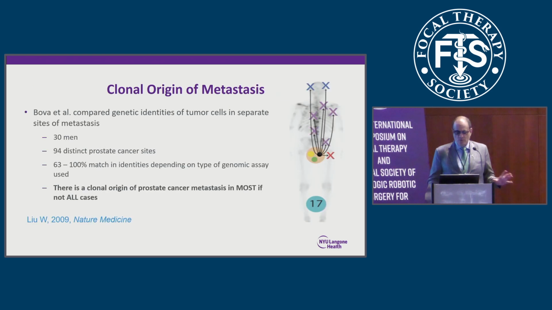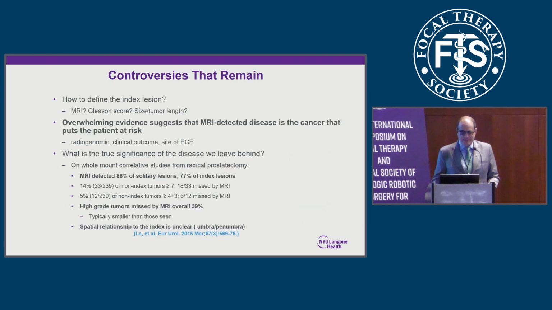I won't talk much about this, but for those of you who are new to the focal therapy field, the root of this idea comes from a paper that was published over a decade ago that suggested that all metastasis in prostate cancer patients who died of disease had origins in one clonal phenotype or genotype in the prostate. Now that's been challenged, but that sits at the root: if you can find the index lesion and destroy it, you remove the ability of the disease to metastasize.